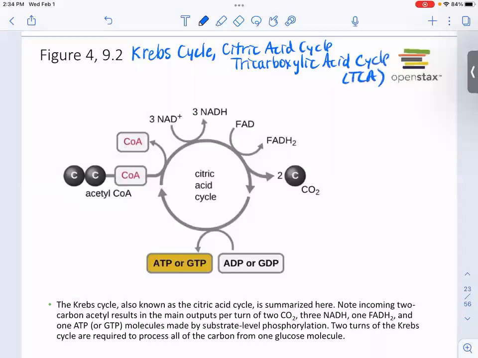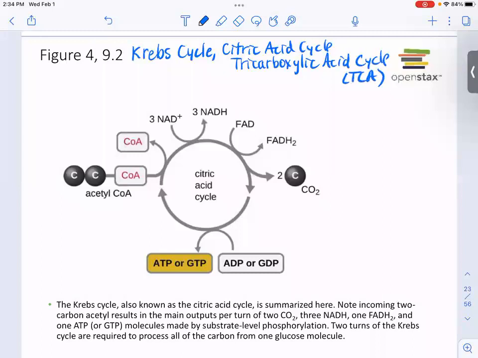Okay, that's all the same thing. And when we call it Krebs cycle, we give homage to the guy who elucidated the process. Citric acid cycle is named for one of the main first intermediates in the cycle. And sometimes we call it the tricarboxylic acid cycle because lots of the intermediates have 3 carboxyl groups on them.